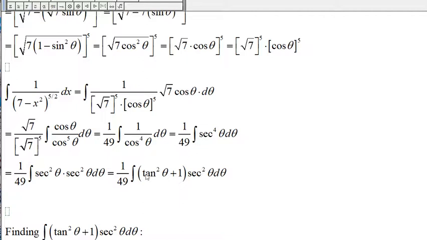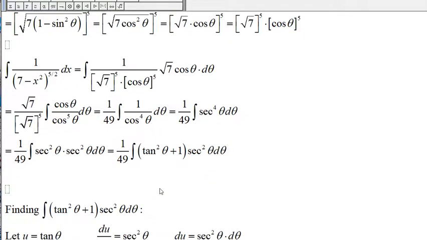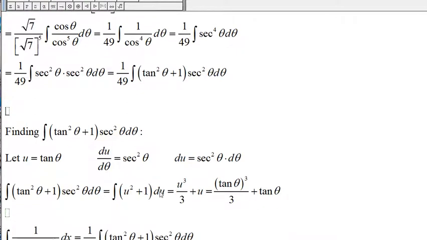And so now let's find this integral right here. We'll let u be tangent of theta. Du d theta will be secant squared because the derivative of tangent of theta is secant squared theta. And then du will be secant squared of theta times d theta.